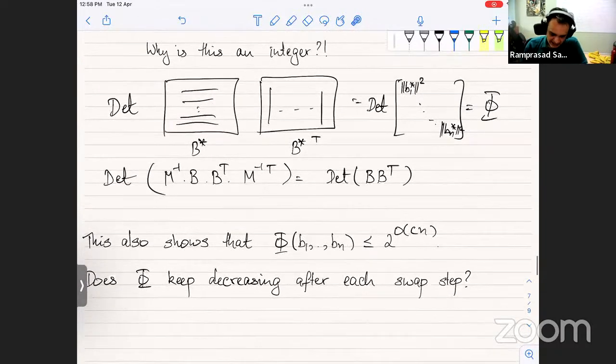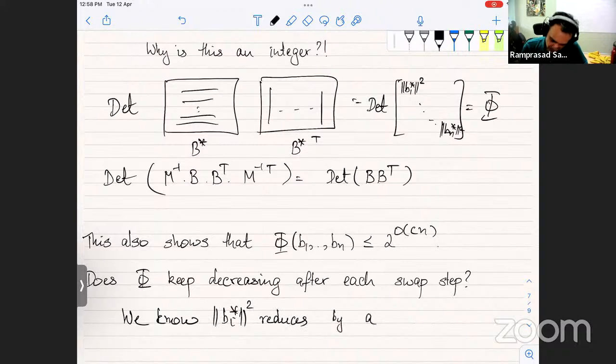And we said, we know bi star reduces, or rather the length of this reduces, by a factor of alpha, which is certainly smaller than 3/4 or something, because that's why we did the swap step.